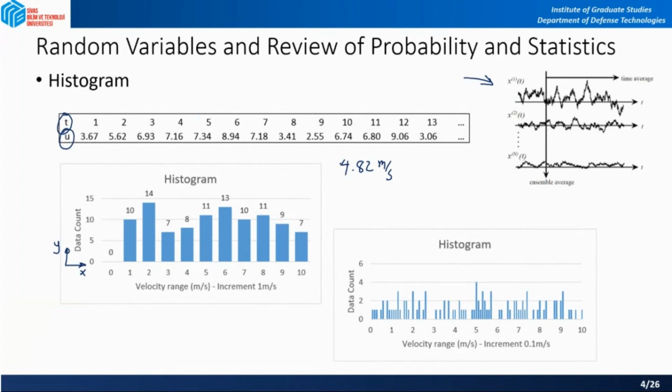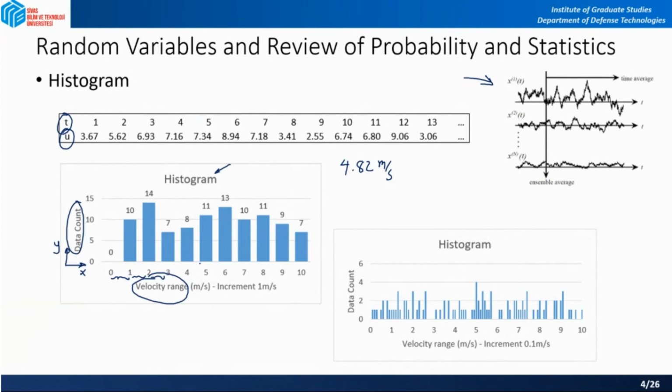Generating such a plot, where you count the data points with respect to ranges, is called a histogram. So this is a histogram. Here my resolution is 1 meter per second, because I am dividing this into ranges of 1 meter per second: 0 to 1, 1 to 2, 2 to 3, and it goes on like this.